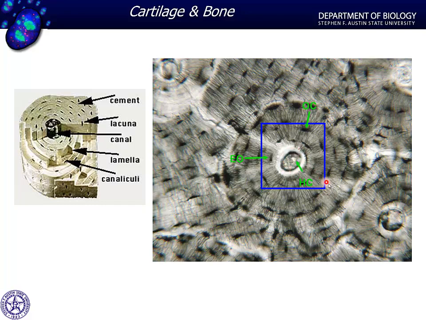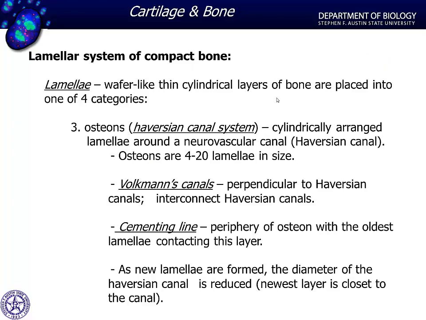And you can see in some ways these run into each other. They're not going to necessarily be perfectly formed concentric circles in every single area. You can see here's a fairly large one, and this one is kind of overriding it. So we're going to look at that overall structure of these haversian systems as they form our compact bone.